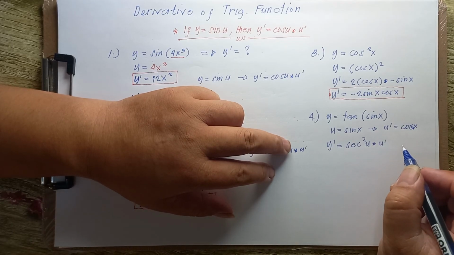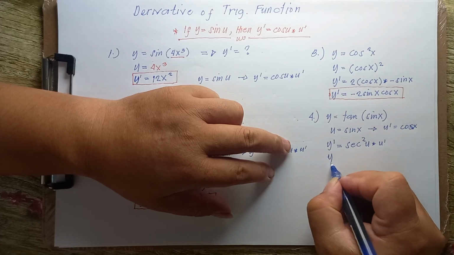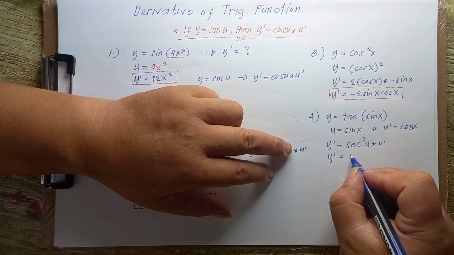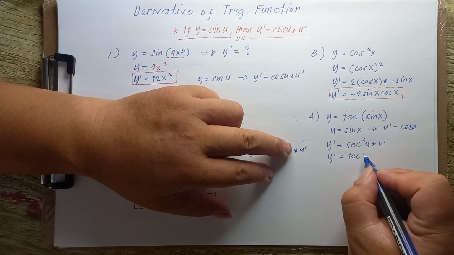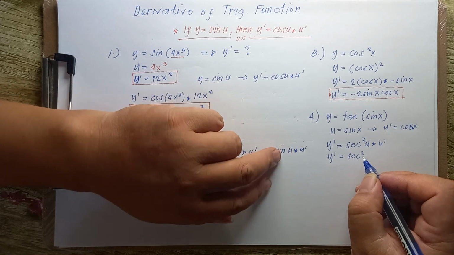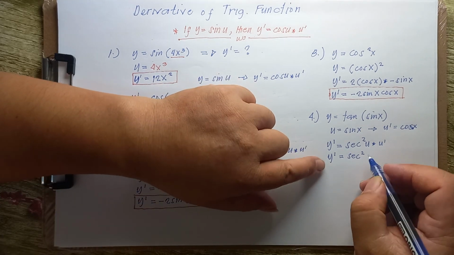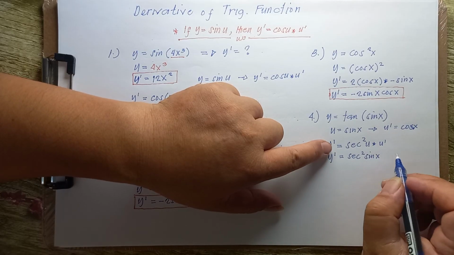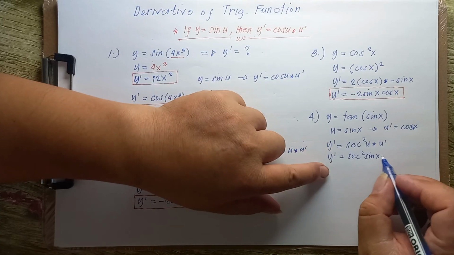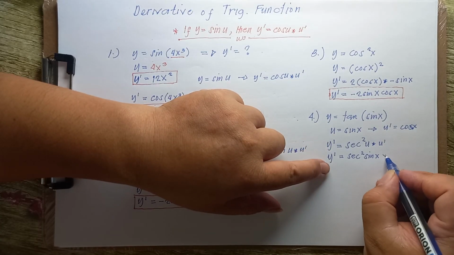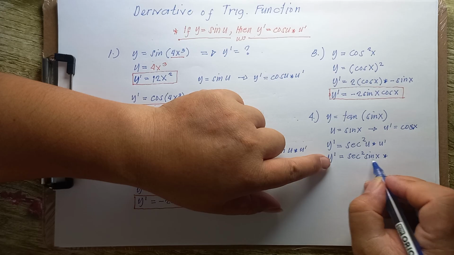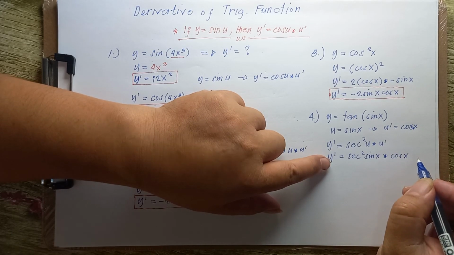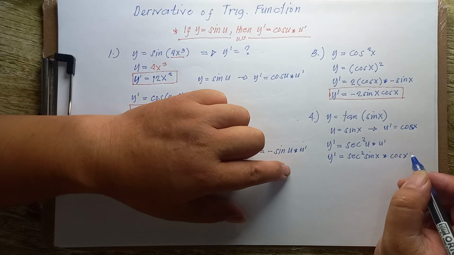So let's have y prime now is the same as secant squared, what is your u? Sine x, and of course multiplied by the derivative of sine x, which is cosine x.